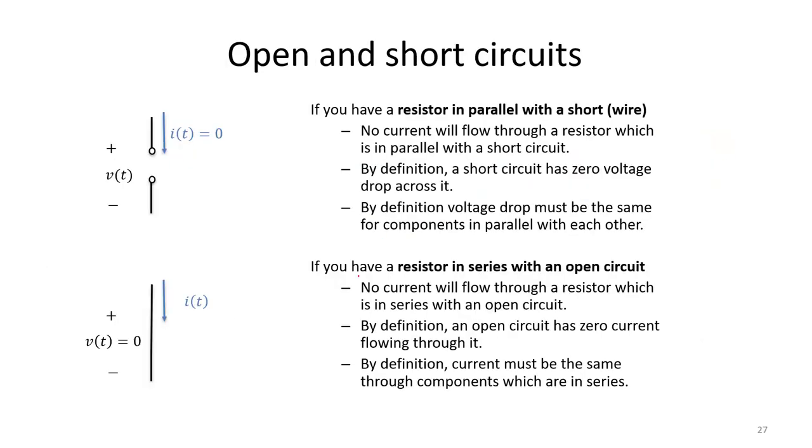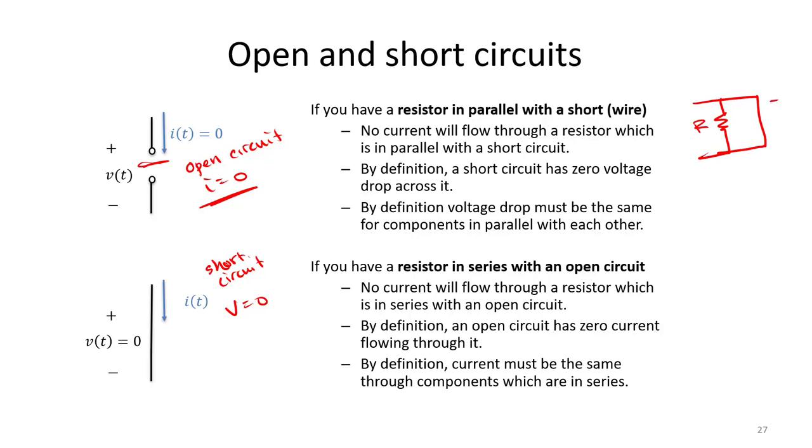Finally, just a reminder about open and short circuits. So once again, remember an open circuit has no current flowing through it because it's a dead end. And a short circuit, by definition, has zero voltage across it. So if, for example, I have a resistor in parallel with a short, notice that no current will flow through that resistor because a short circuit has zero voltage across it.